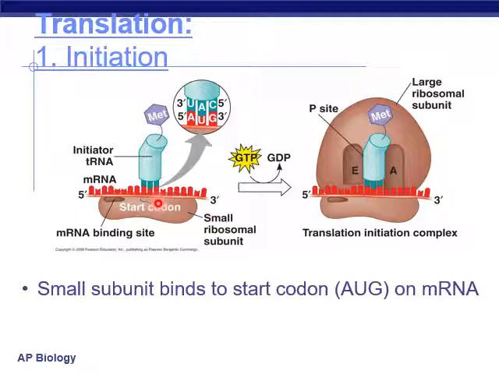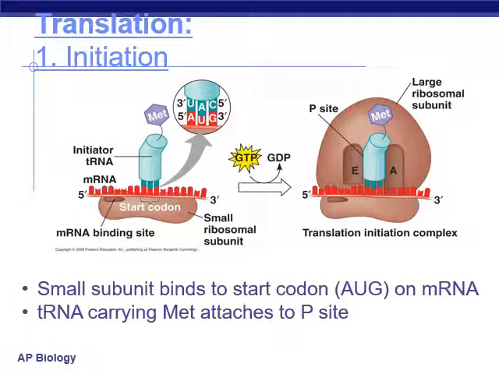AUG indicates the beginning of the gene and is called the start codon, which specifies the amino acid methionine in the cytoplasm. This methionine is activated by an amino acid activating enzyme, then recognized and picked up by the tRNA to form the methionine-tRNA complex. At the end of initiation, the large ribosomal subunit joins the small subunit.